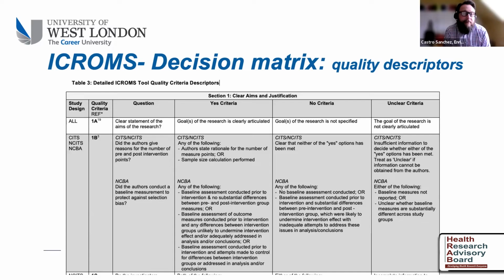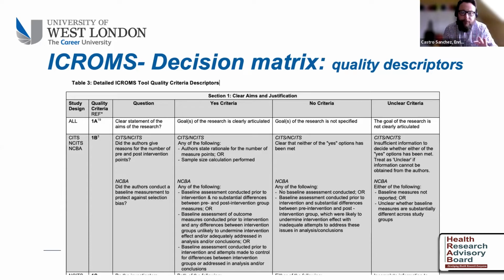So they were clearly mentioned. The no criteria, so a paper which will not meet that criteria, would be a paper where the goals are not specified. And then, of course, the unclear criteria will be something in between. So there is a goal, but it's not clearly articulated. It's not clear what the goal is.